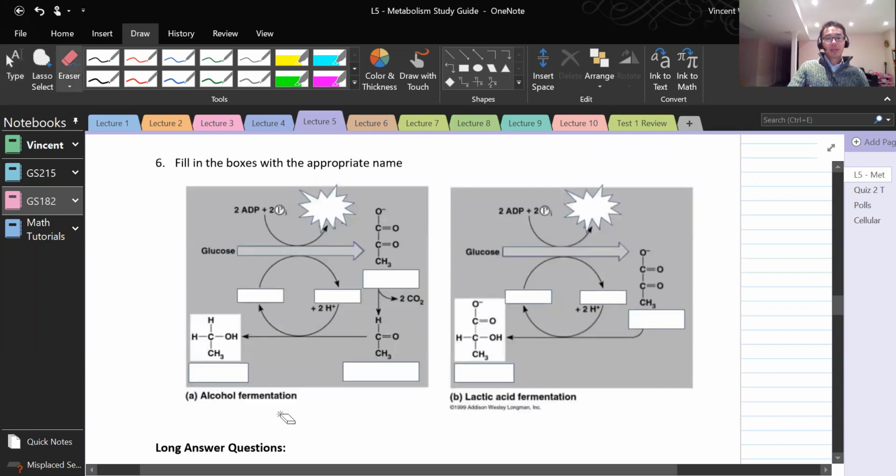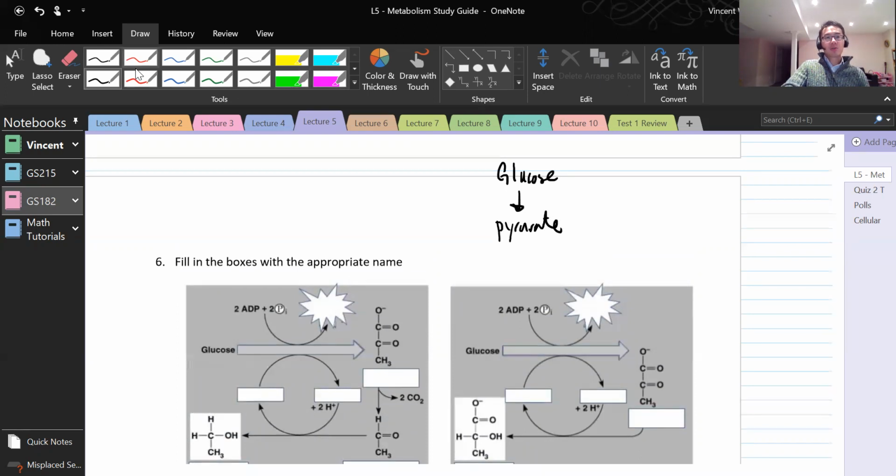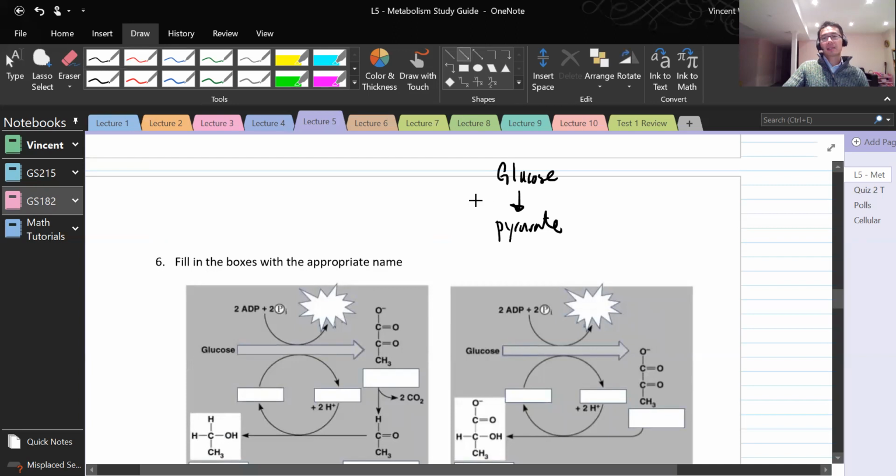So we have 2 types of fermentation here: alcohol fermentation and lactic acid fermentation. In glycolysis, we have glucose, and then we get pyruvate. Pyruvate has 2 fates in the human body.